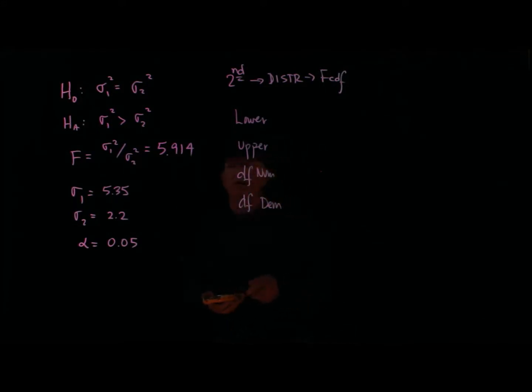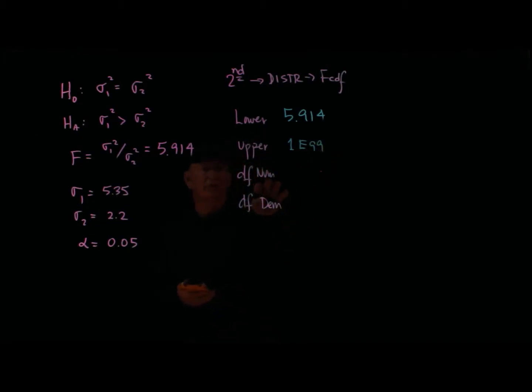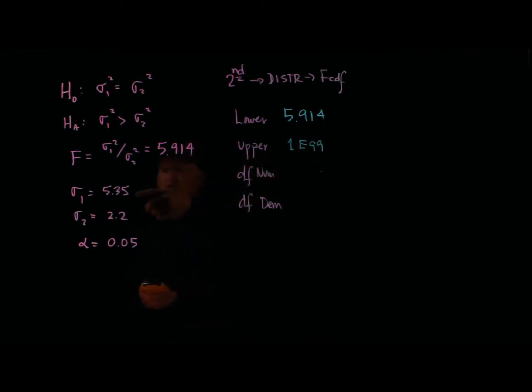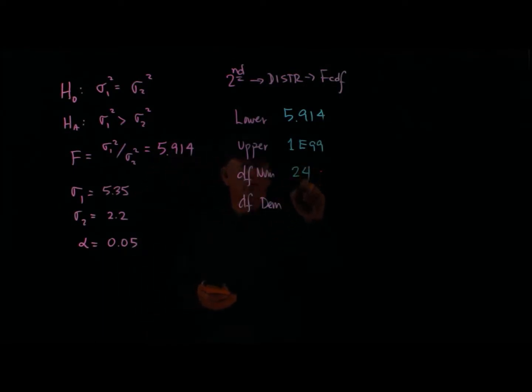So on the lower end is 5.914. And let me enter that real quick. 5.914. Yeah. Here is 1E99. I've already got that entered. The degrees of freedom in the numerator is the n number associated with the numerator, which was 25, minus 1, so that's 24.